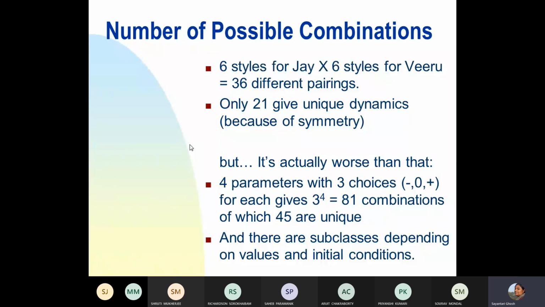So maybe A negative, B positive, C positive, D negative. Like that, you can make 45 unique combinations, unique friendships, unique pairings, with 6 styles of Jay and 6 styles of Viru. In this way you can see how many different possibilities there are in a two-party interaction, and this two-party interaction could be anything.